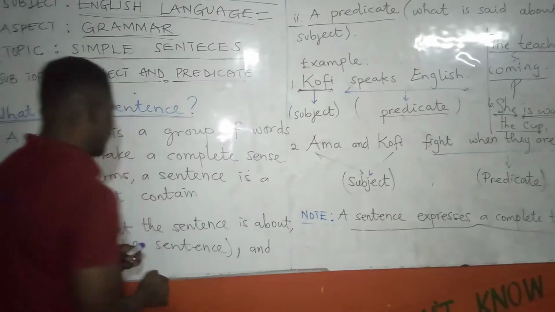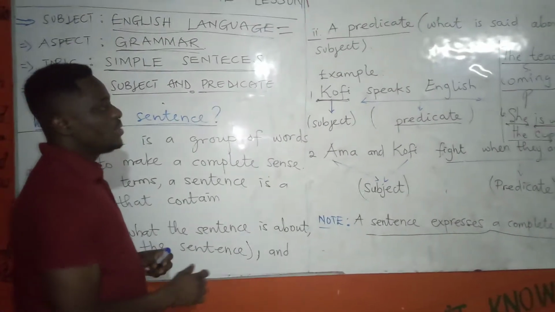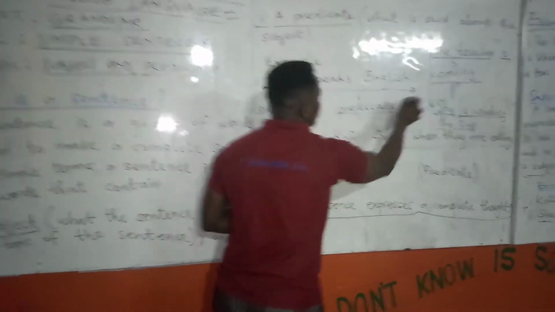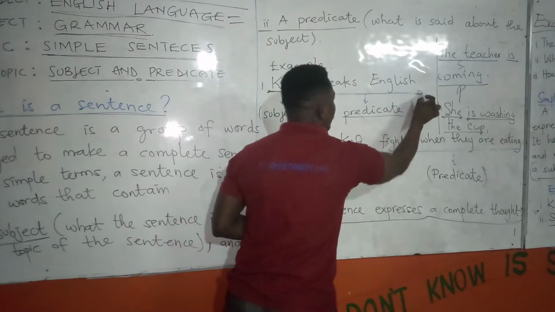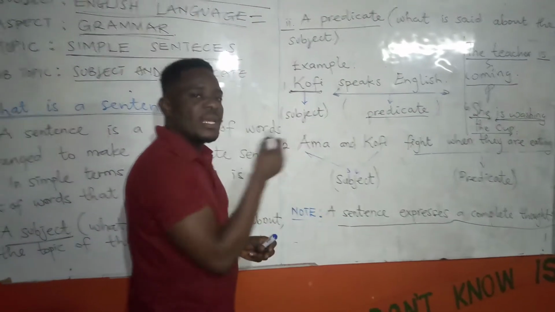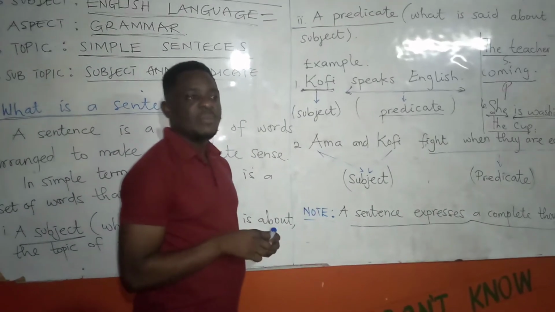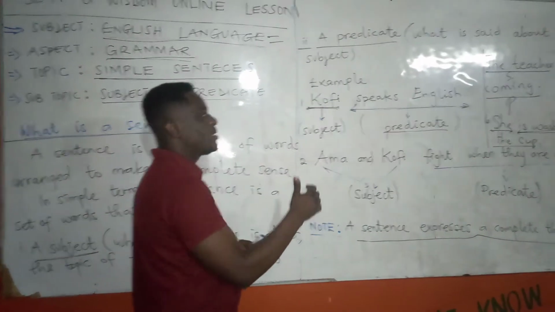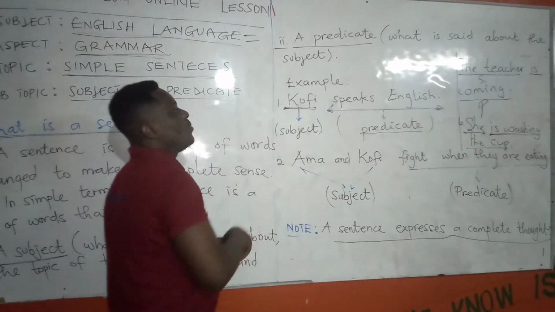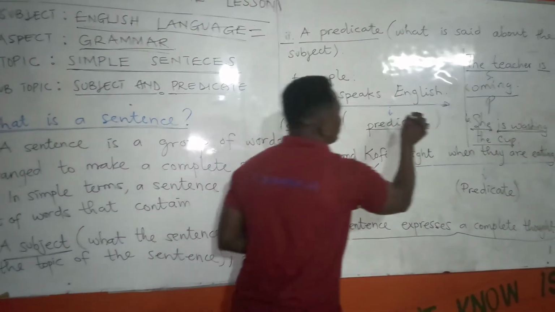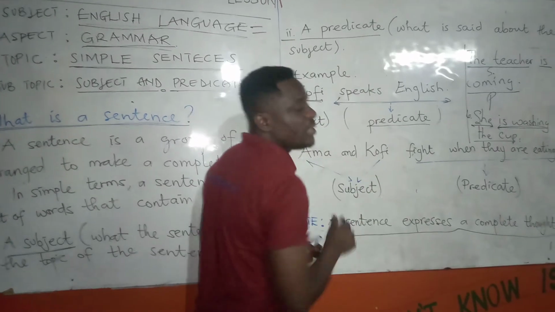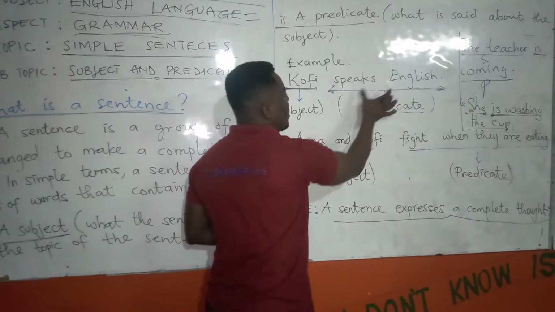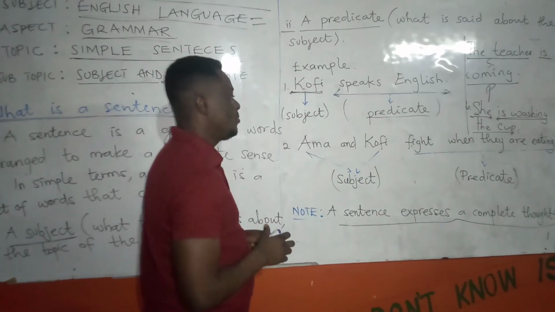Kofi is what the sentence is about. So the main part of the sentence, speaks English, as underlined on the board, is talking about Kofi. By virtue of its position and its functioning as talking about Kofi, we can say that speaks English is the predicate of this sentence. I hope you understand.